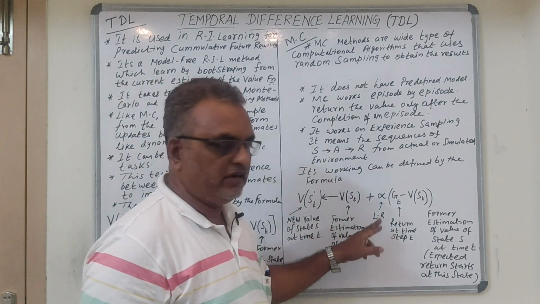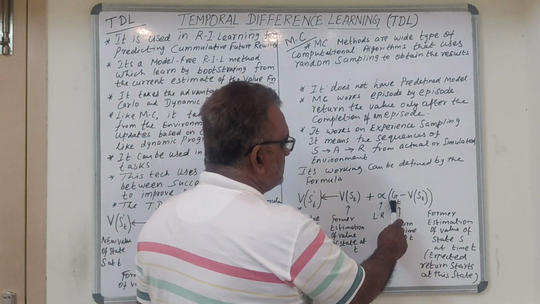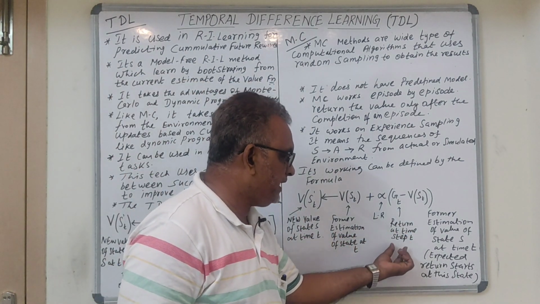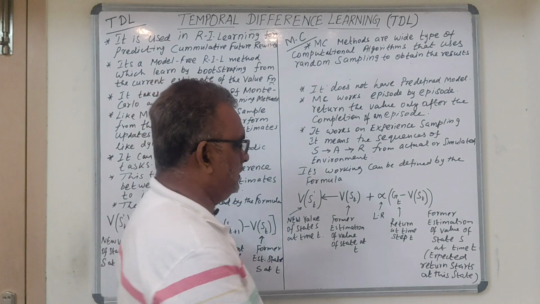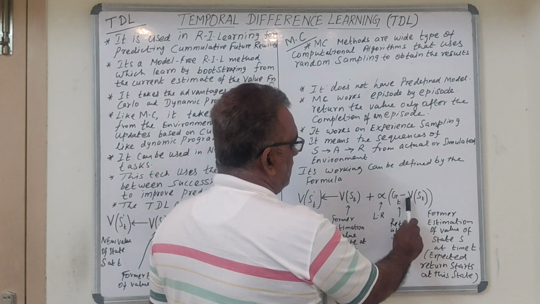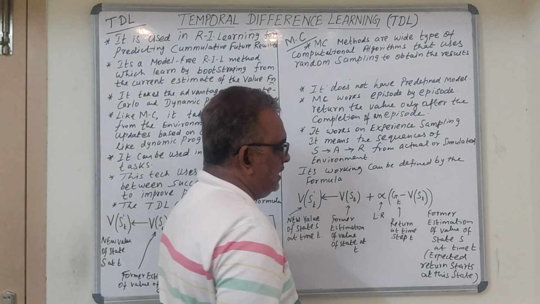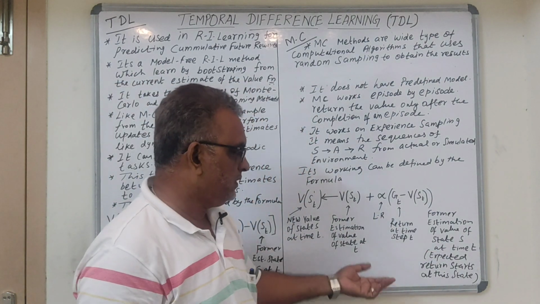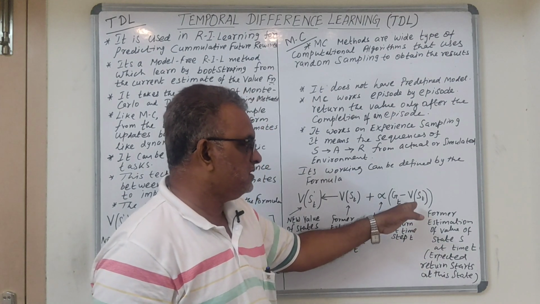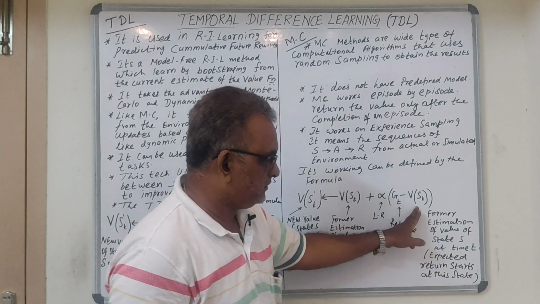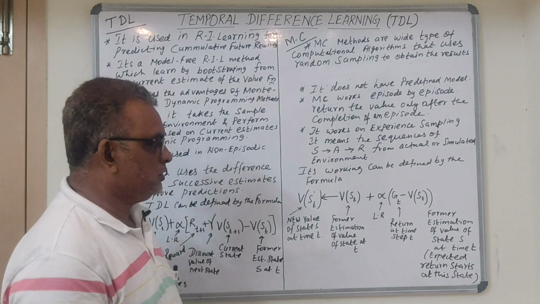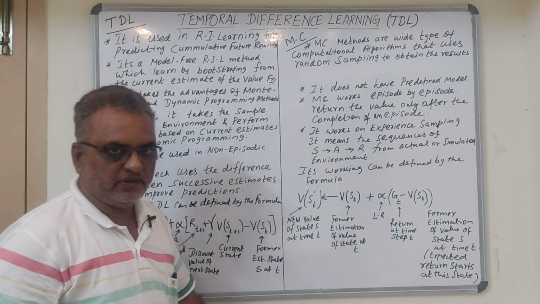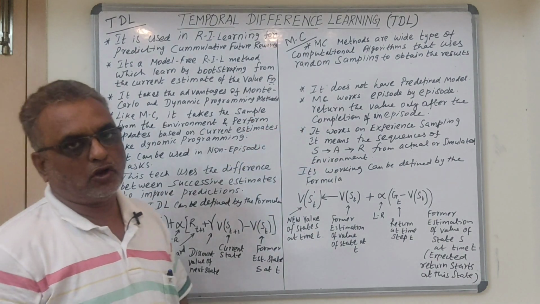Alpha is the learning rate, and G of t is the return value at time step t, minus V of st, the former estimation value of state S at time t. The expected return value starts here in this state. So with this formula we can define the Monte Carlo method.